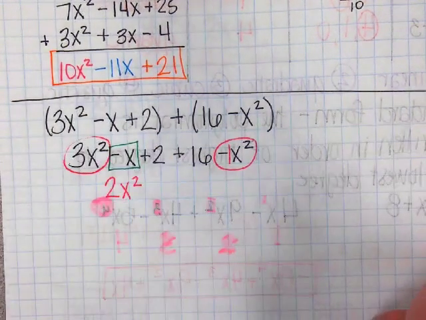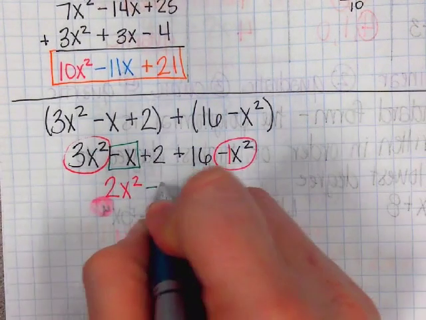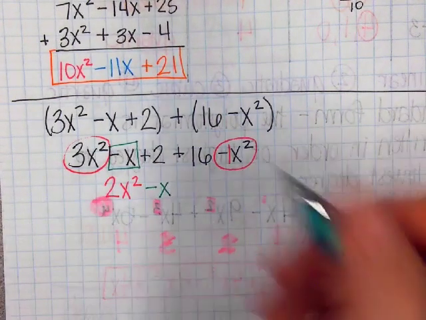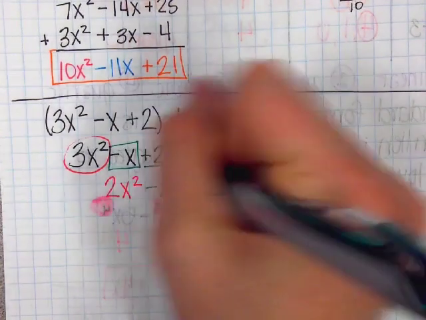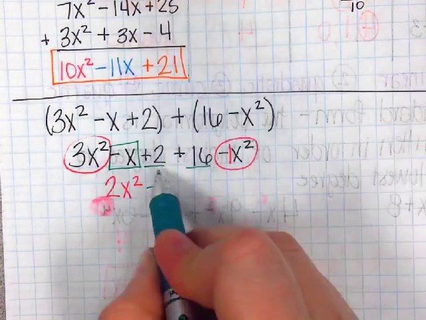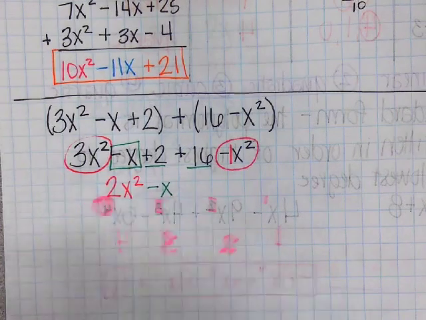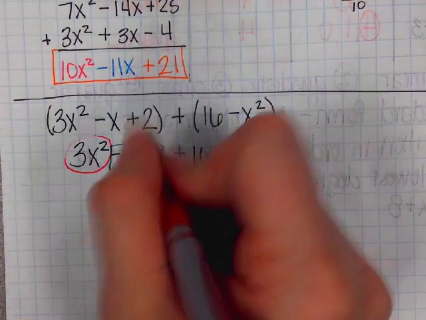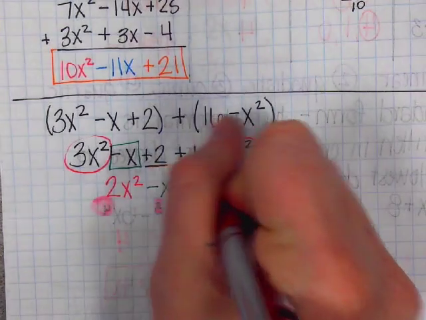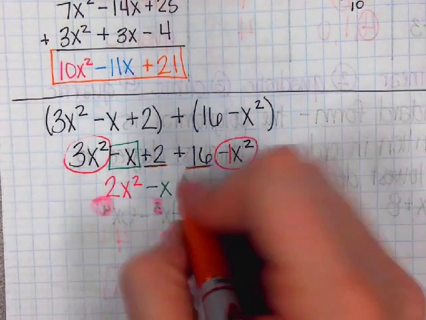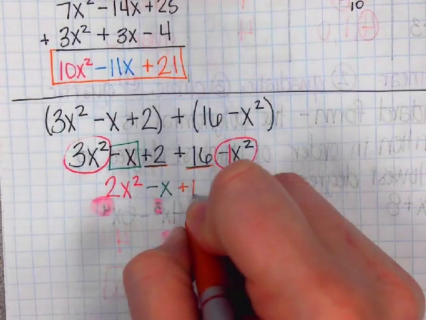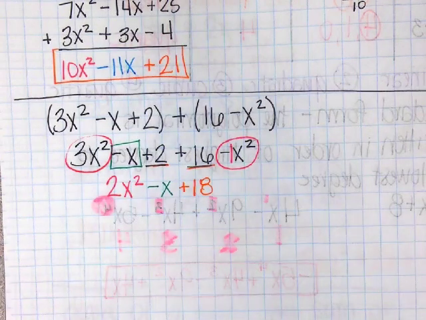So I'm going to look for x's. So it'd be negative x. Because there was nothing to combine with that, it would just be negative x. Sorry, I forgot to switch colors. So then it'd be 2 plus 16. So 2 plus 16 would be 18.